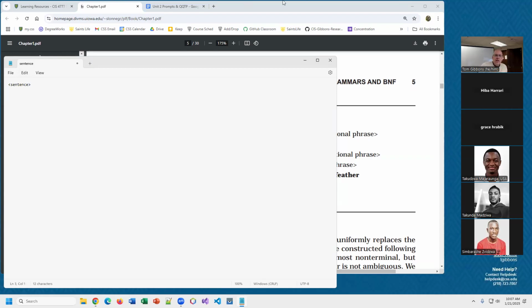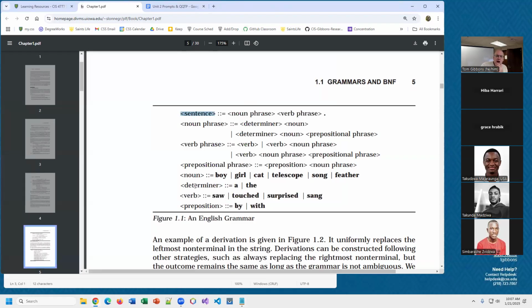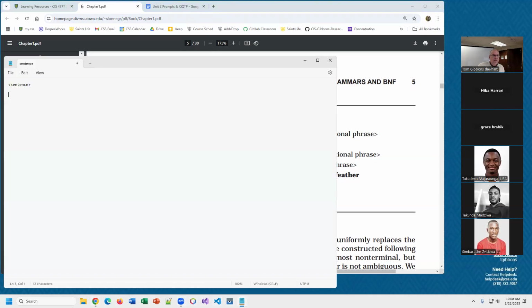If you start with a sentence and you have these rules, we look for places where sentence is on the left-hand side, and the only one is this. So the only option we have when we have a sentence is to replace it with this. In this example, there's only one kind of sentence, and that is to replace it with a noun phrase and a verb phrase. Let me see if I can kick this font up a little bit.